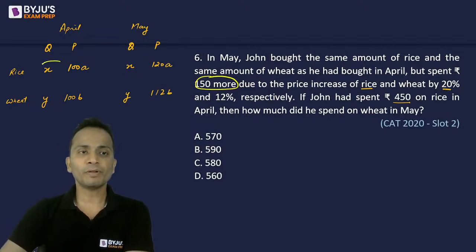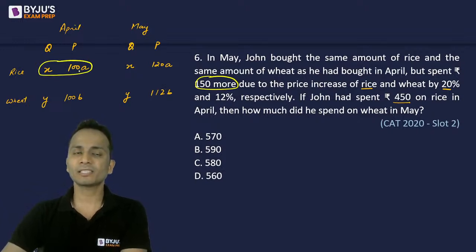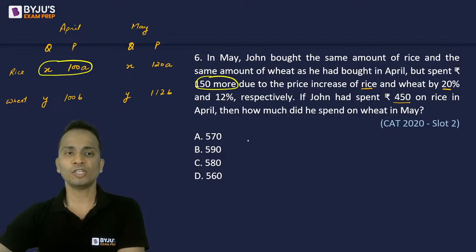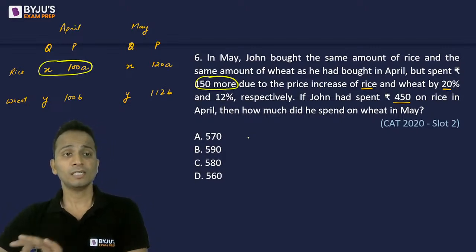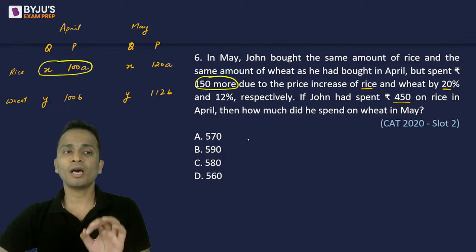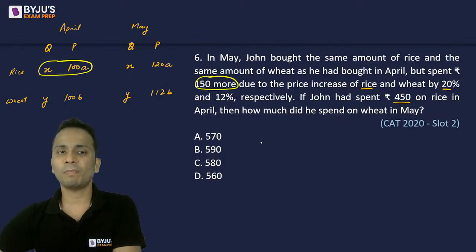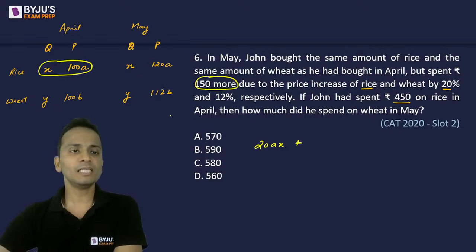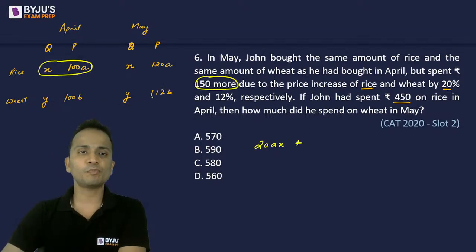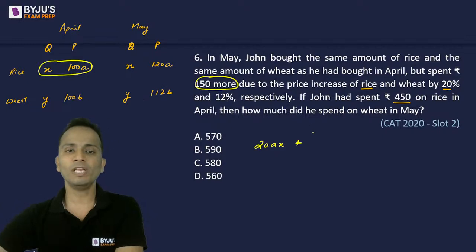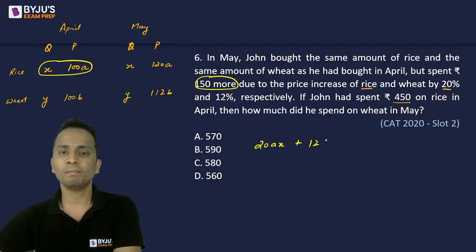So in the month of April, the money spent on rice is 100 AX, and in the month of May, it is 120 AX. So that means the money spent on rice has increased by 20 AX. Similarly, the increase in the money spent on wheat will be 12 BY, and this is given as 150 rupees.